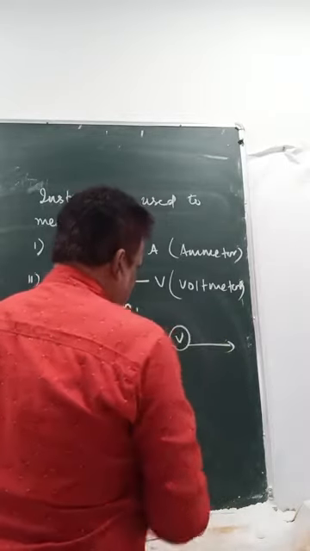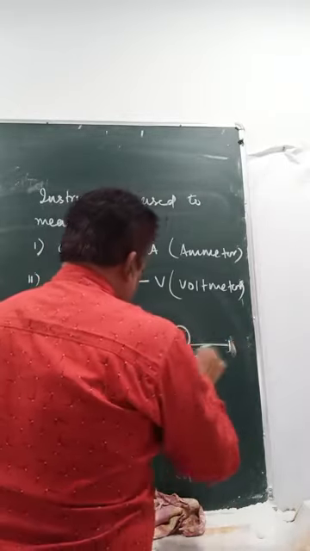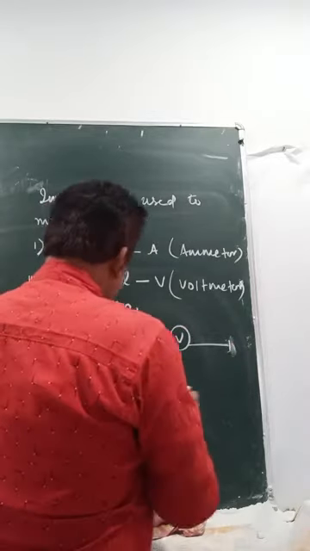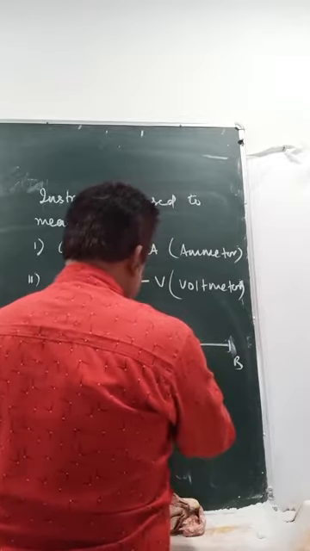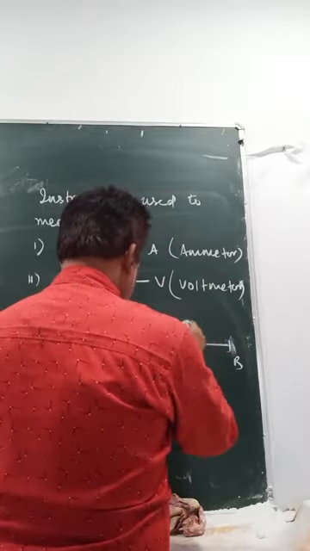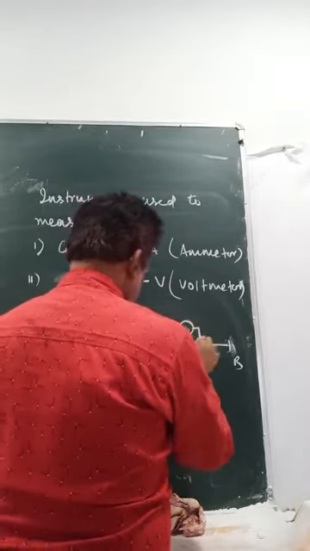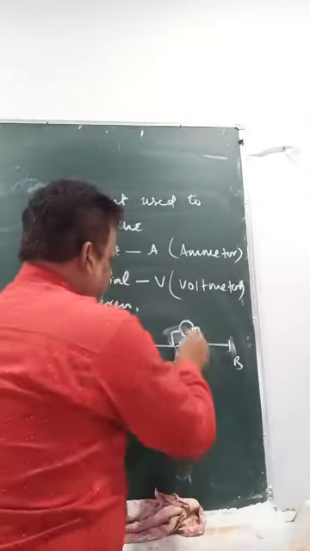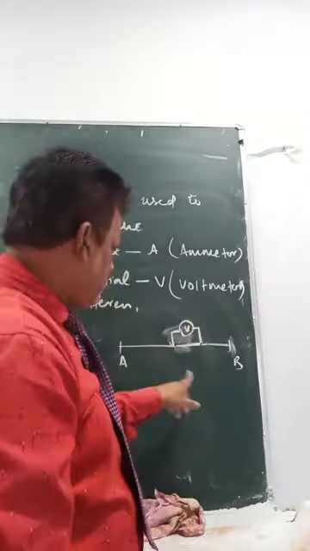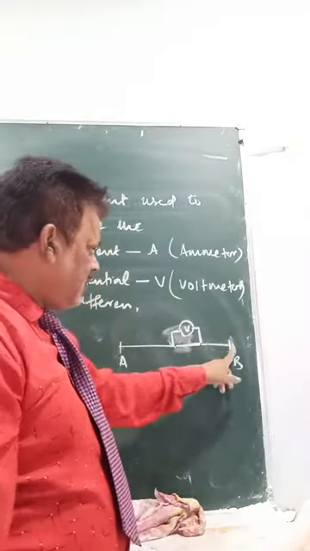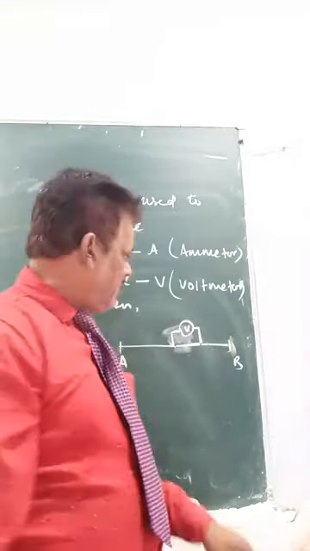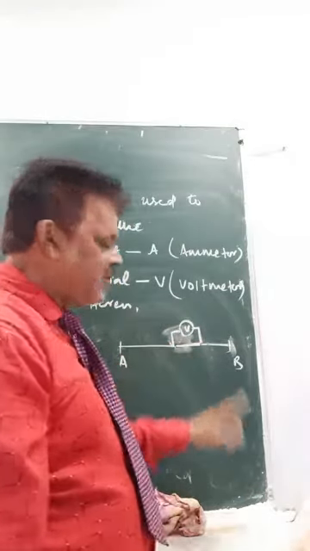If I put the voltmeter here, I can say what is the potential difference between these points. If I want to know the potential difference, the energy between these two points, then I can use this voltmeter to measure it.